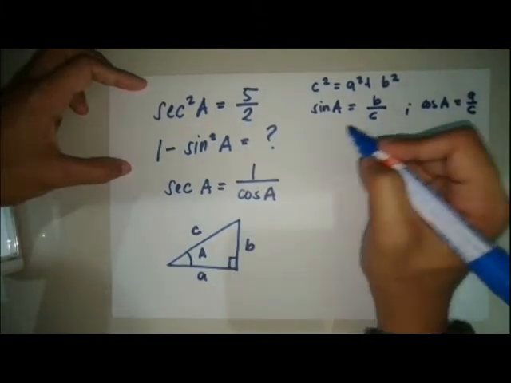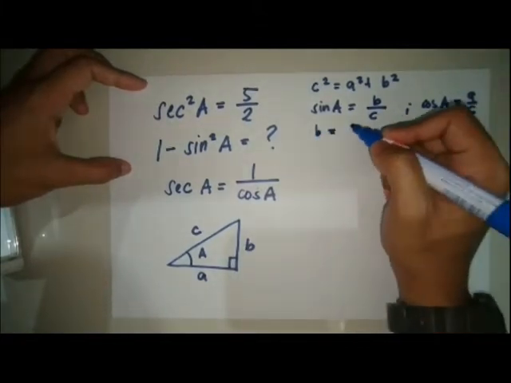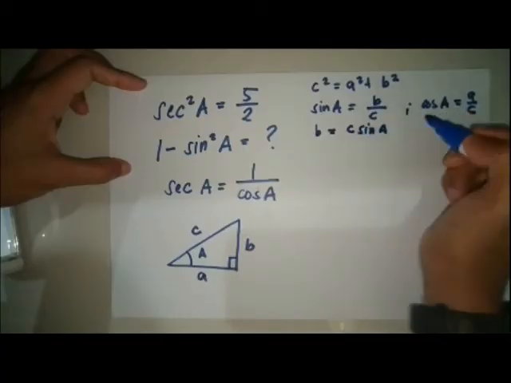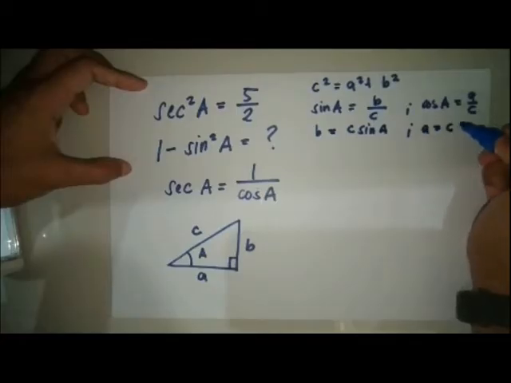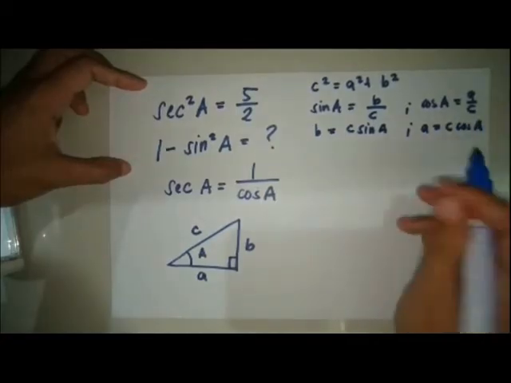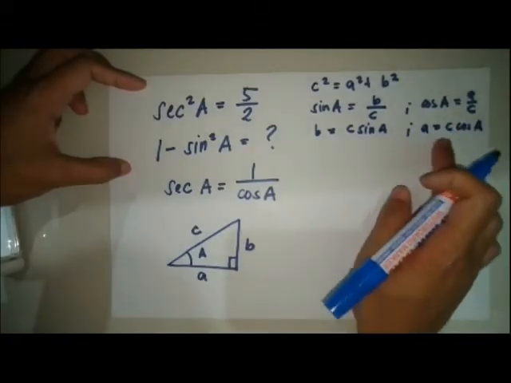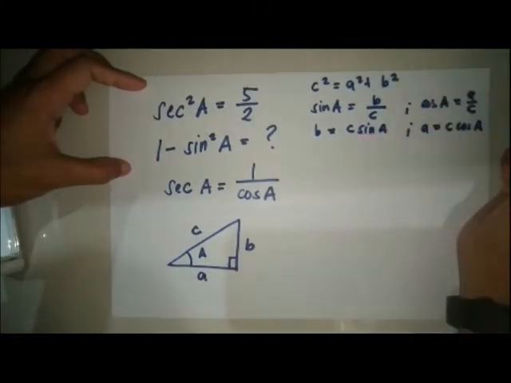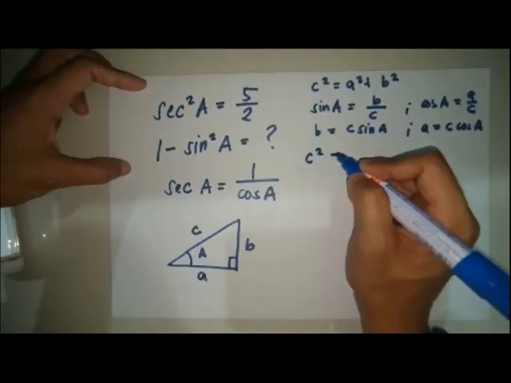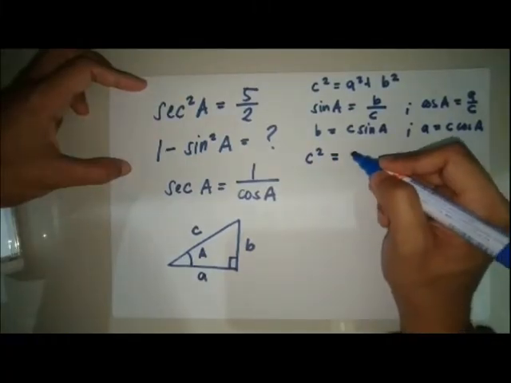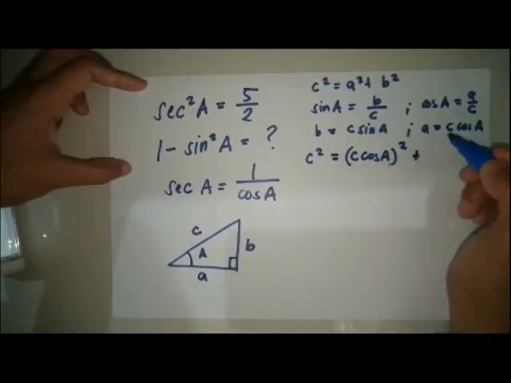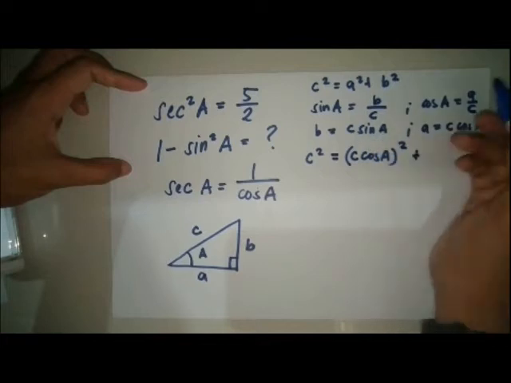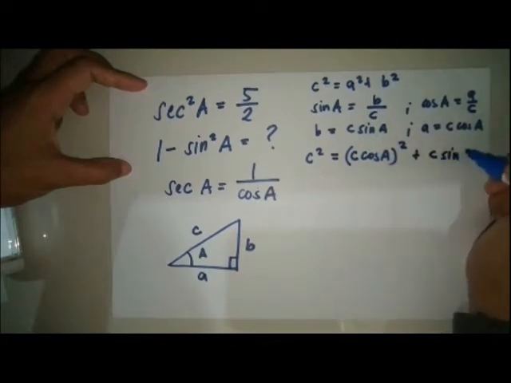So it means that B is equal to C sine A, then you have A is equal to C cosine A. So let's substitute this expression to our Pythagorean theorem. So C squared is equal to A, that is C cosine A, squared, plus B, that is C sine A, squared.